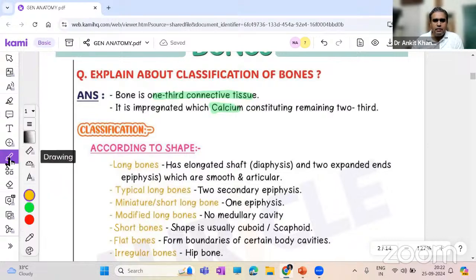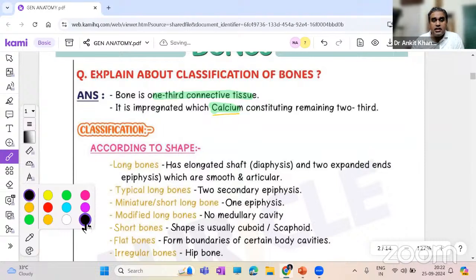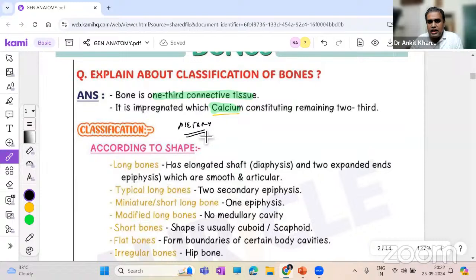I'm drifting a bit away from the topic of anatomy over here, but yeah, you should know that as age increases, if our dietary factors are not very rich in calcium, then the patient may complain of bone pain, joint pain, and weakness and all.